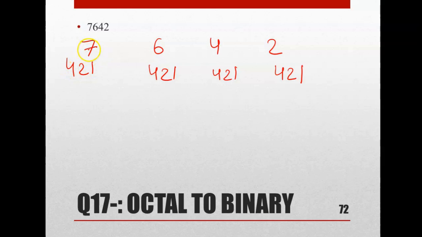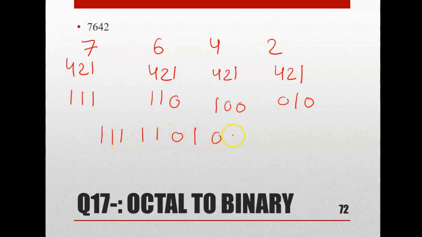Then the addition would be 7 only. So 4 plus 2 plus 1, triple 1. 6 is 4 plus 2, 1 1 0. 4 is 1 0 0 and 0 1 0. Now you have to write them together. So it is 1 1 1, 5 times 1, and then 0 1 0 0 0 1 0. Okay, and binary is base 2 or radix 2. So this is the first part of question number 17.